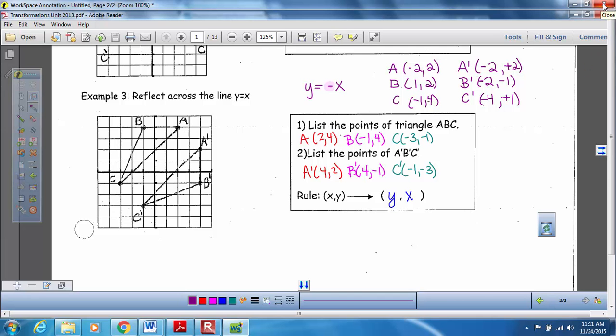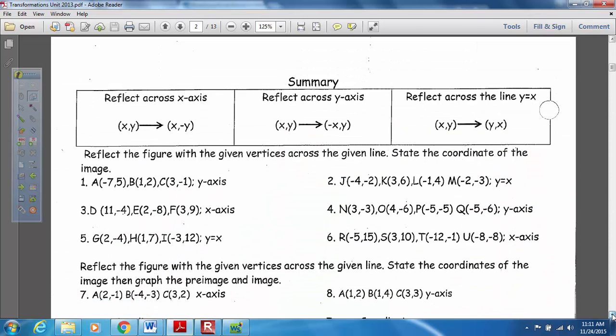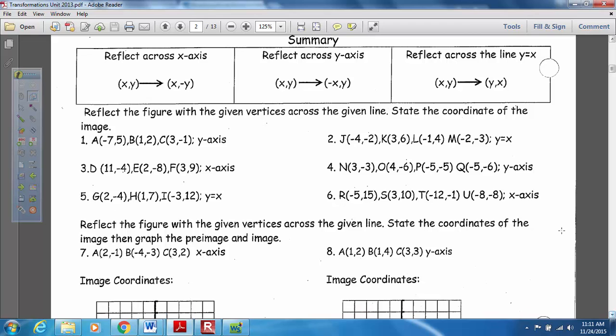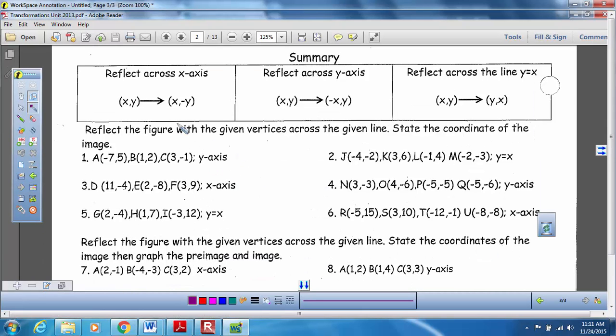So let's try an example. There's your rules for reference right up here. Let's look at number 1 here. They want us to reflect the figure with the given vertices across the given line and state the coordinates of the image. So here we have A, B, and C that they want us to reflect across the y-axis. Reflecting across the y-axis means that the sign of our x changes.